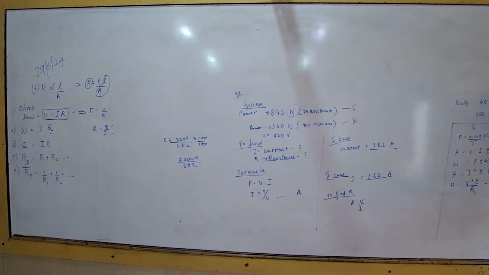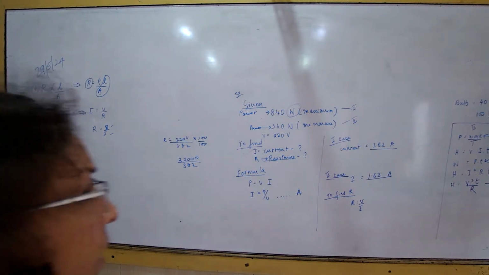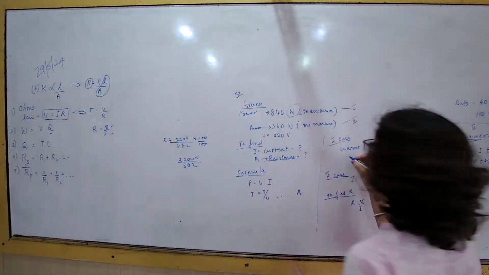If I just take one decimal, I'm getting a difference. Because I got 3.85.